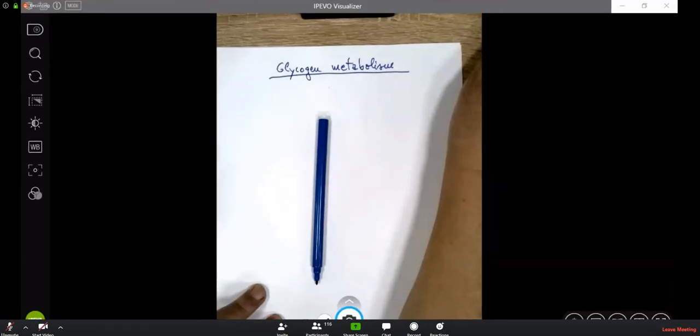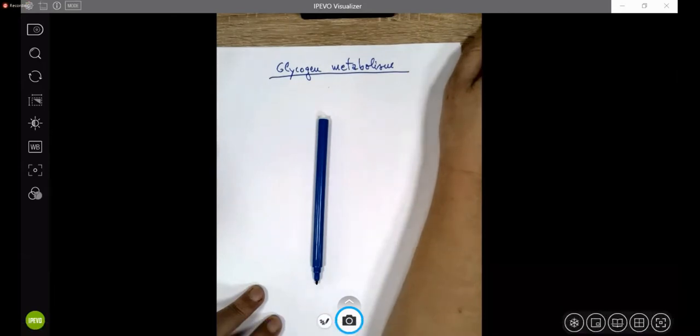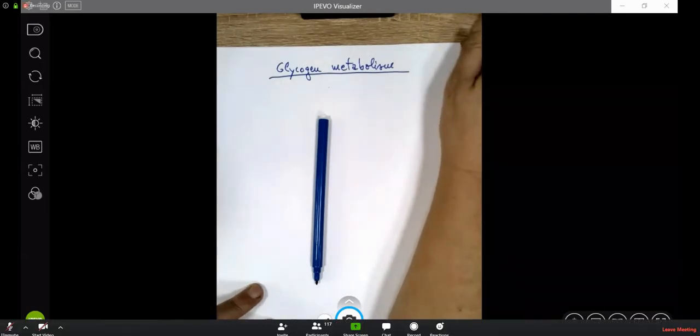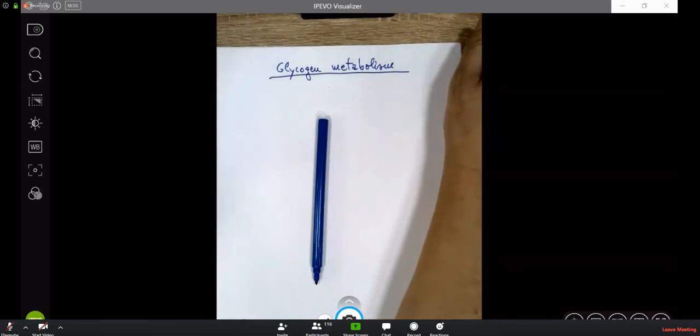So we have to remember from the first semester that glycogen is a storage form for glucose in our body, and it is found in the muscles and in the liver, and it contains alpha glucose molecules, 1,4 and 1,6 glycosidic bonded. So that means it has a branch structure.